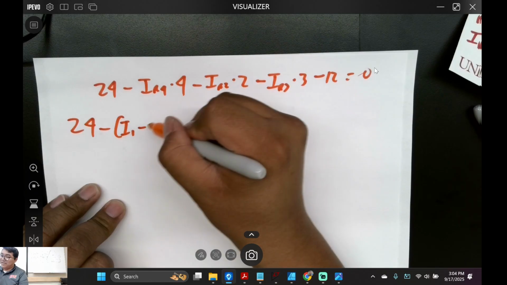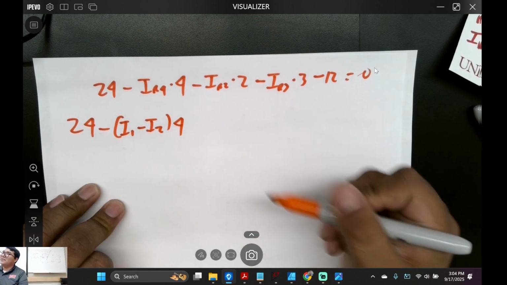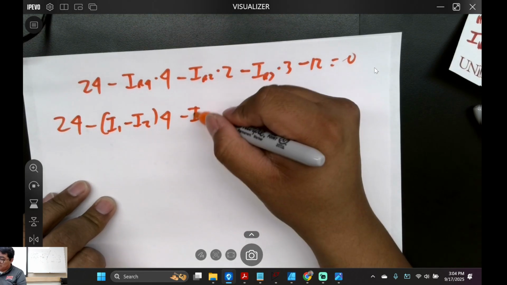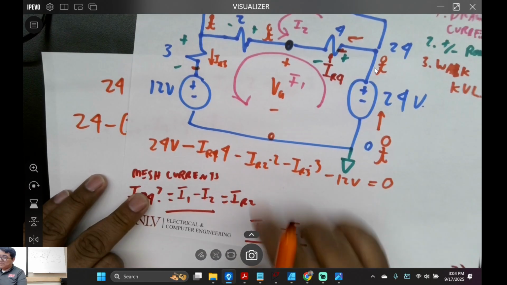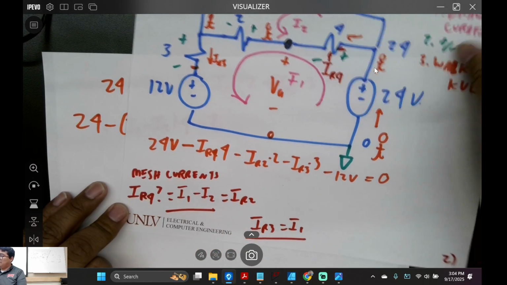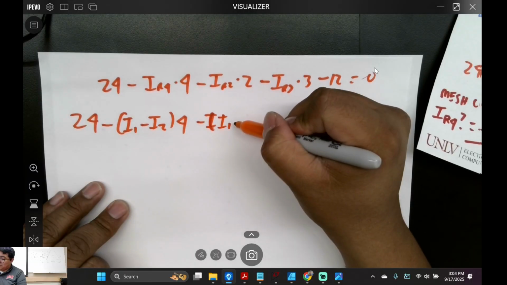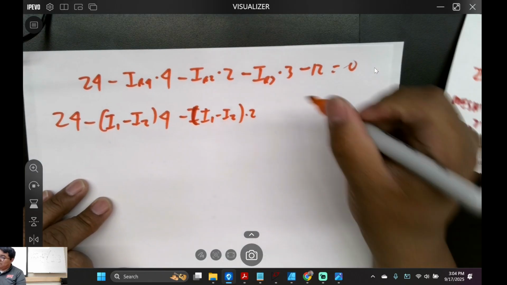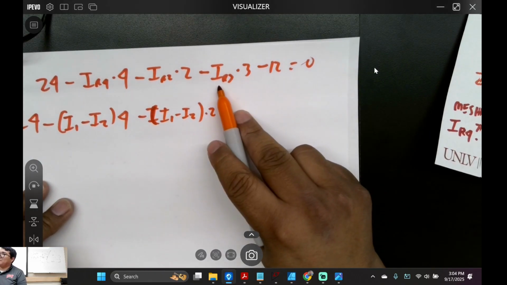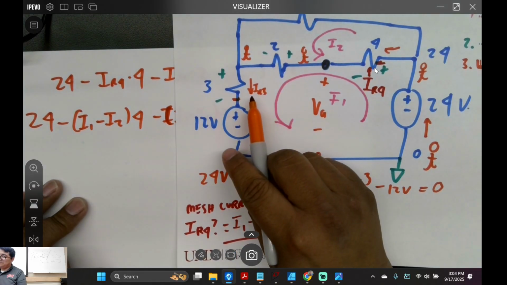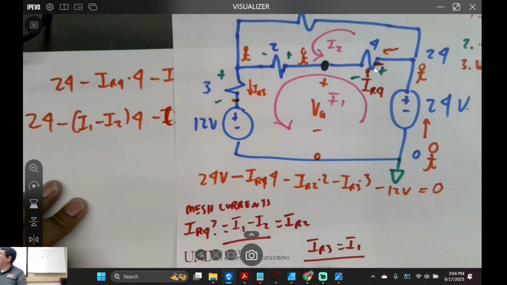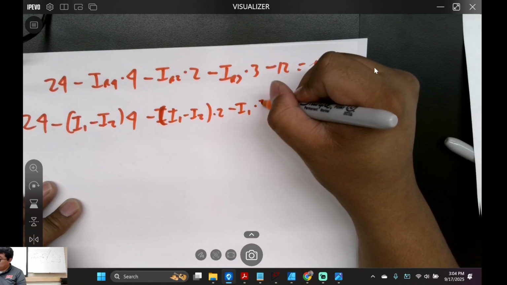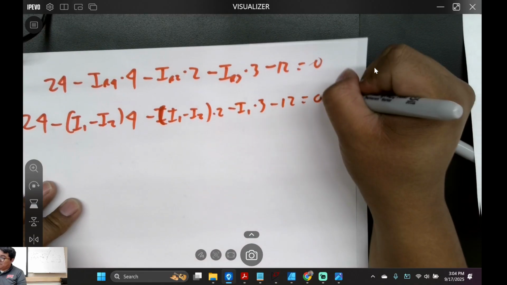I1 minus I2. Good? And then what is the current in this guy? We just defined that over here, right? I1 minus I2 times 2, right? What's the current in this one? Right? I1, times 3, minus 12 is equal to 0.